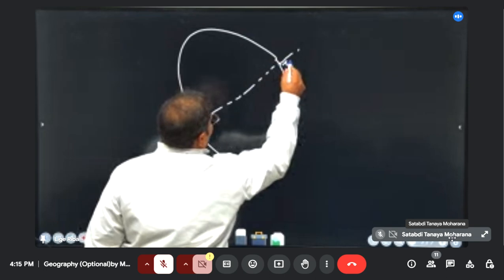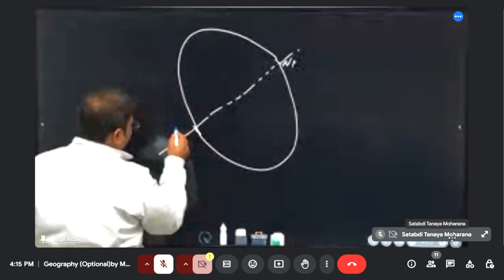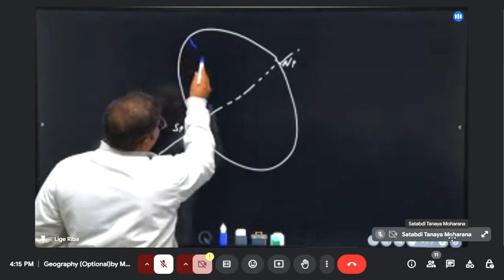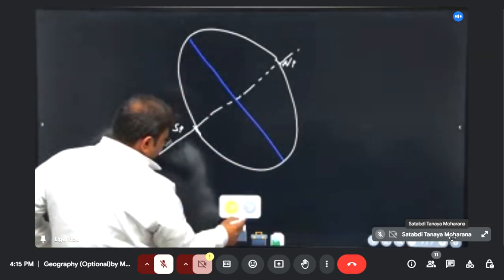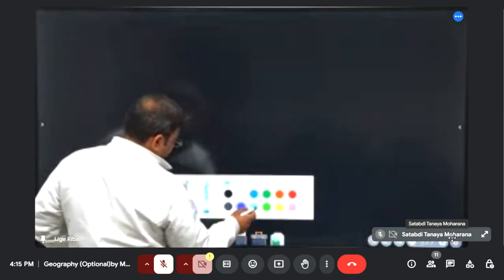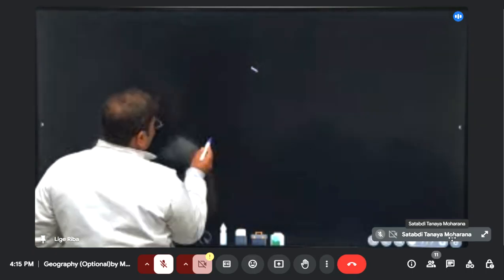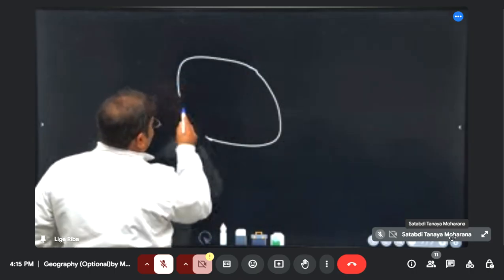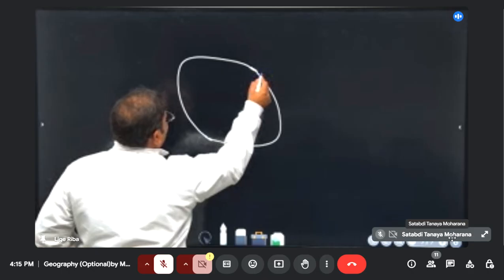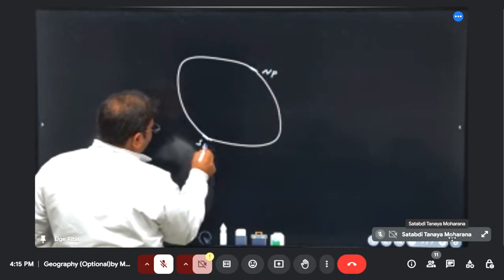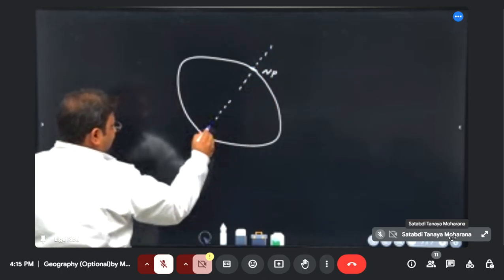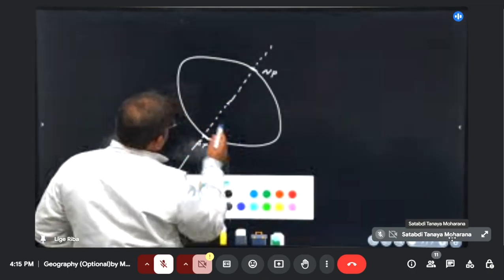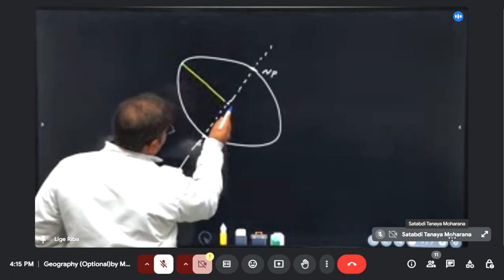On this tilted Earth the latitudes and longitudes are there. Tilt it slightly, like this: north pole, south pole, with the axis passing through the center.